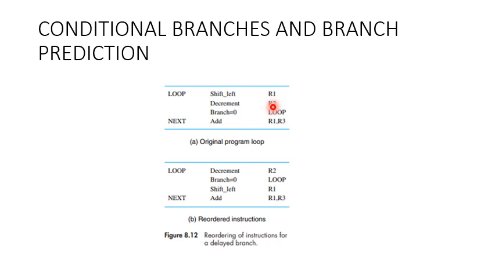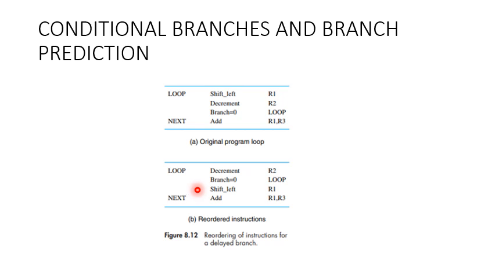For a processor with one delay slot, the increment can be reordered as shown in figure B. The shift increment is fetched while the branch instruction is being executed. After evaluating the branch condition, the processor fetches the instruction at LOOP or NEXT, depending on whether the branch condition is true or false, respectively.